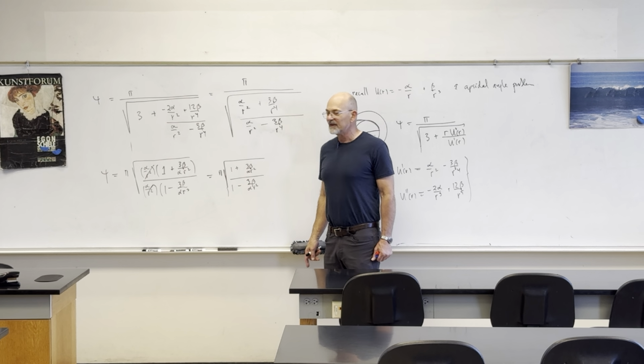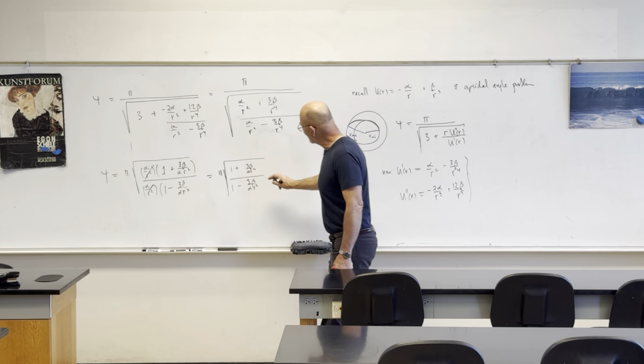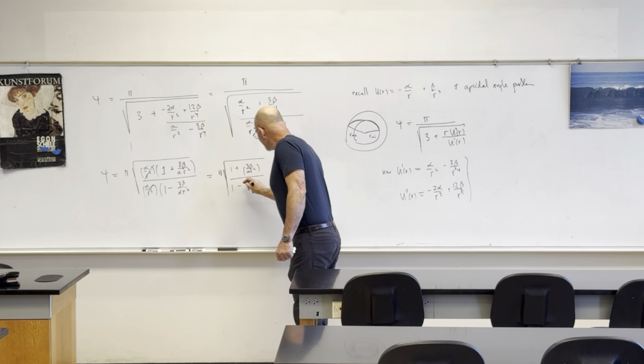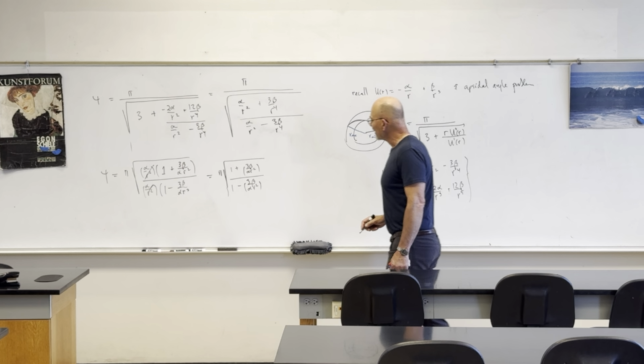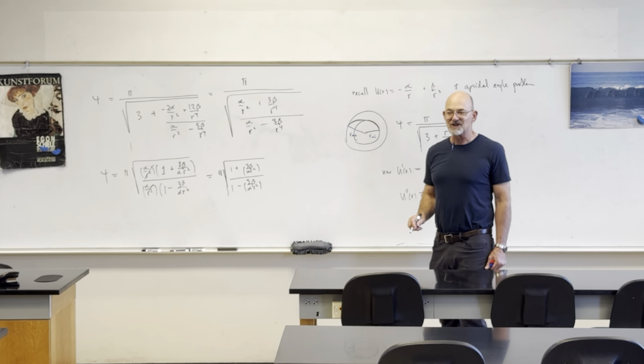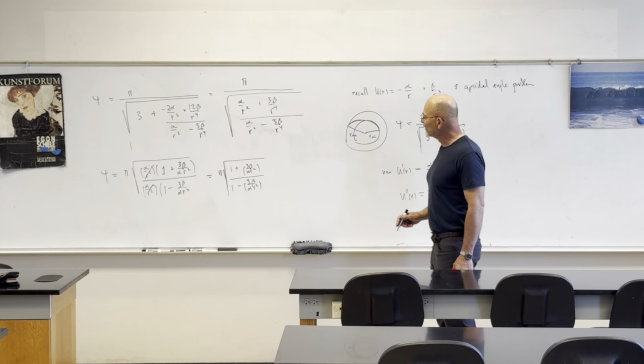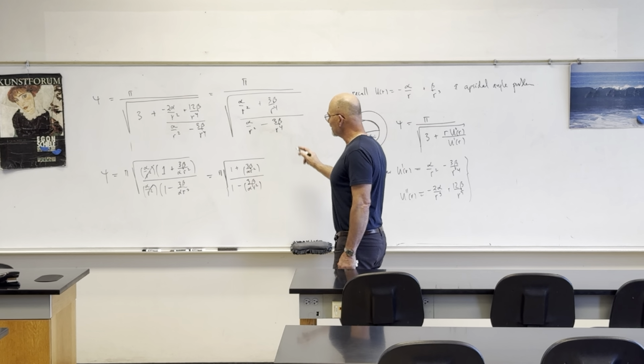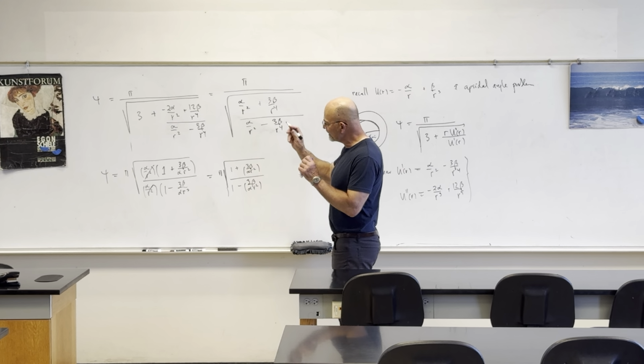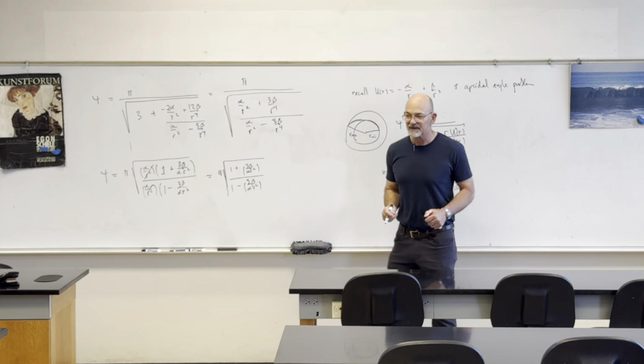So what you see is that we can treat this as a small quantity and do an expansion. That's what you will finish off the problem with, and then that's something you can hand to the astronomers.